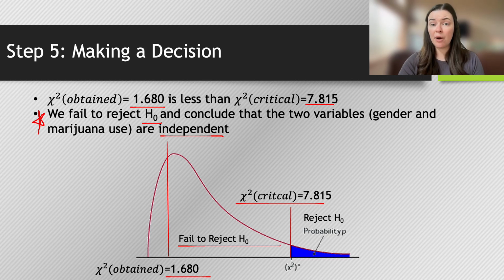Again, because our null hypothesis is our statement of no difference, we don't have any reason to believe that gender and marijuana use have any association or relationship to one another. So again, chi-square is an easy way for us to compare the relationship between two categorical variables, and that's why they have to be either nominal or ordinal in nature.